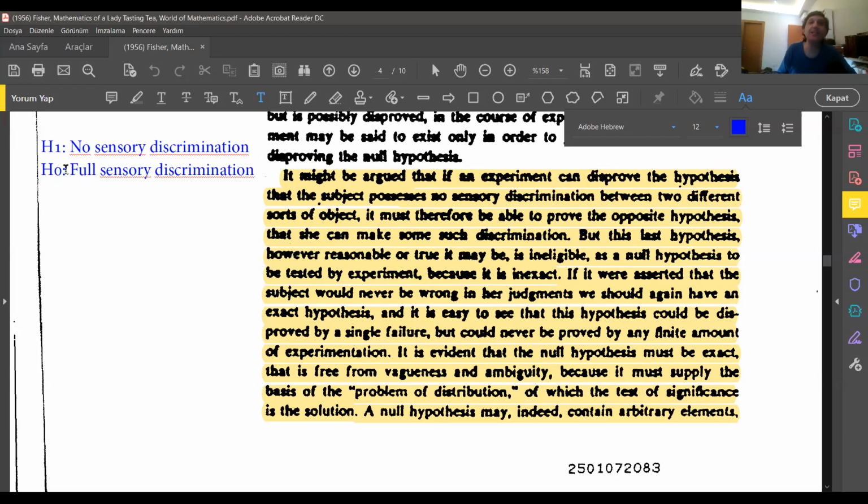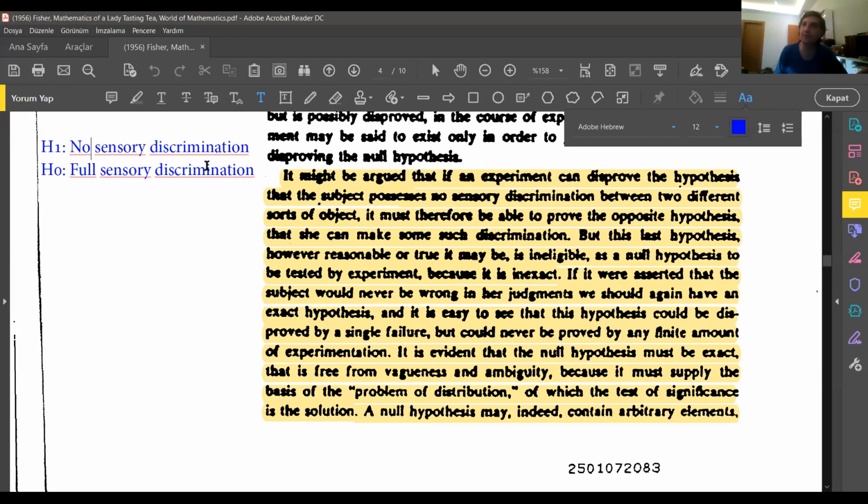Now in this case, you can test this null hypothesis, because full sensory discrimination is going to mean that she has to find the true order in every case. Now this form is convenient for a null hypothesis. But note that the alternative hypothesis here is not convenient, because these two, H0 and H1, do not span the whole space.